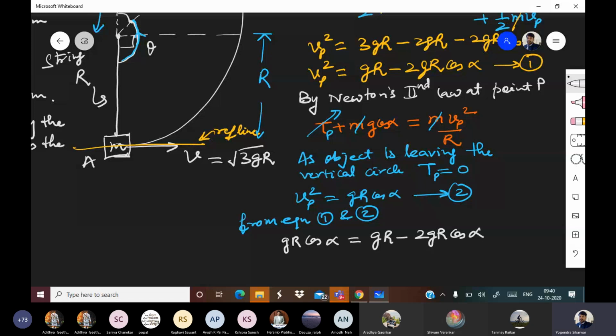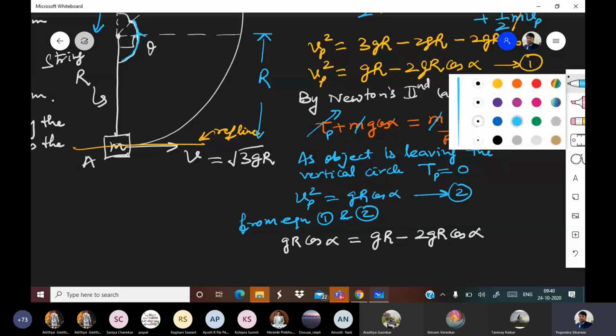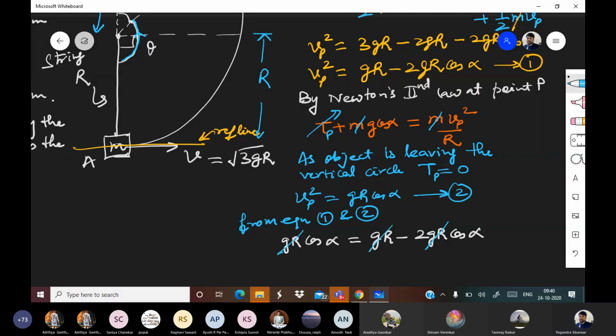So you can see that gR is gone. What we are left with is 3 cos alpha equal to 1.